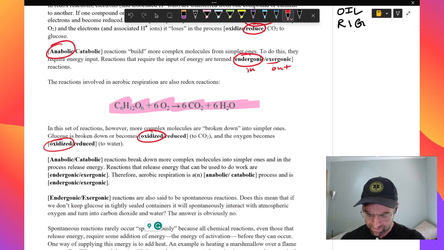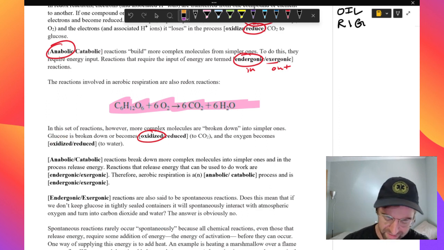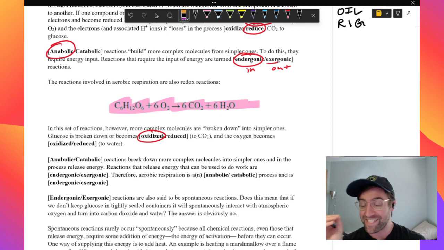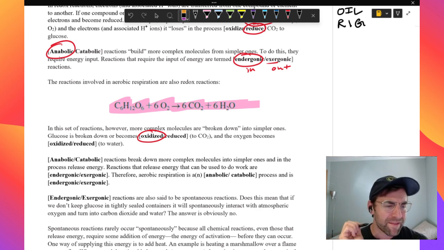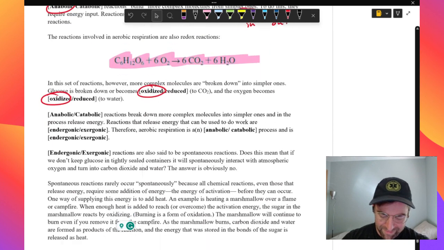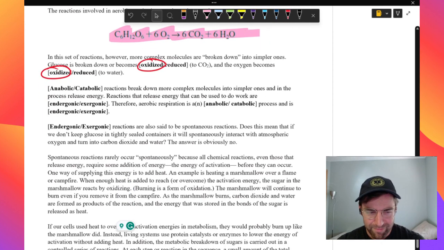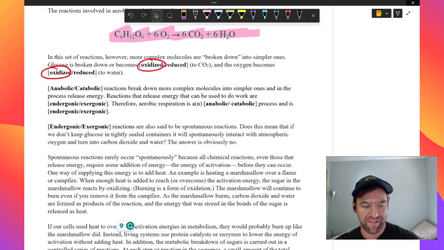Sorry, we'll see this over and over again, and I still make mistakes. Glucose is broken down or becomes oxidized, yes, to CO2. And the oxygen becomes oxidized or reduced? Oxidation is loss. I think it's reduced. I will triple check that. We will come back to it.